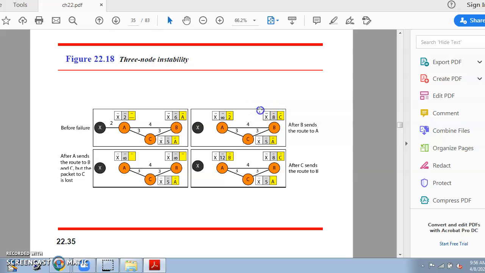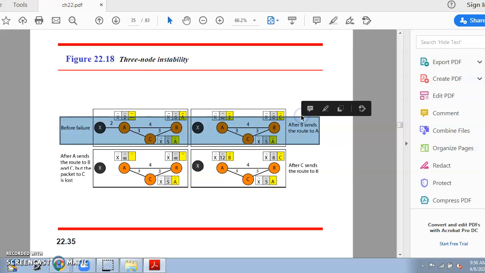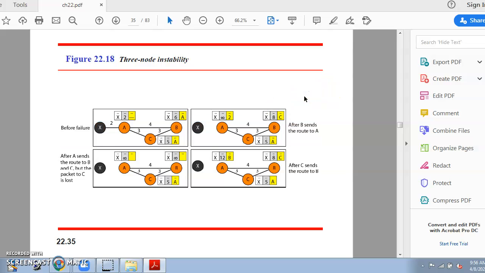Now, as we already know, the solution for two node instability is split horizon. In split horizon, we never transmit the information, or we eliminate the particular row from where we are getting the same information, to avoid the confusion. But now the information is coming from C, so it is a new route.